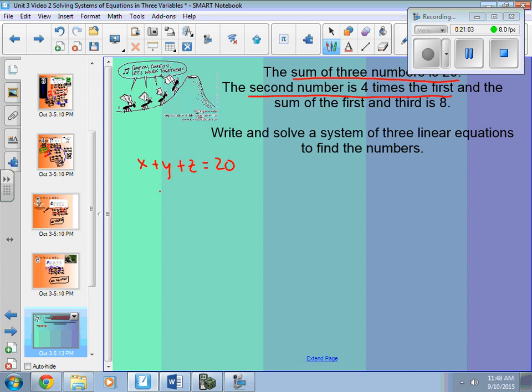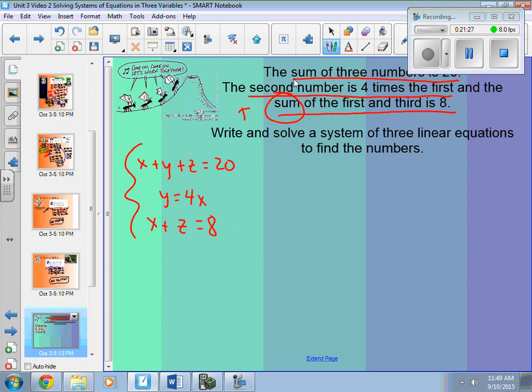So the second number y equals 4 times our first number, x. And then finally it says the sum of the first and third is 8. Sum, remember, keyword for plus. So x for the first, z for the third. Sum of those is 8. Now we have a system of 3 equations. So check yours out, see if you had something similar.